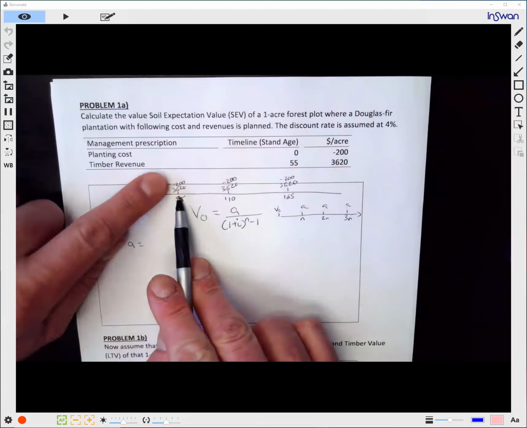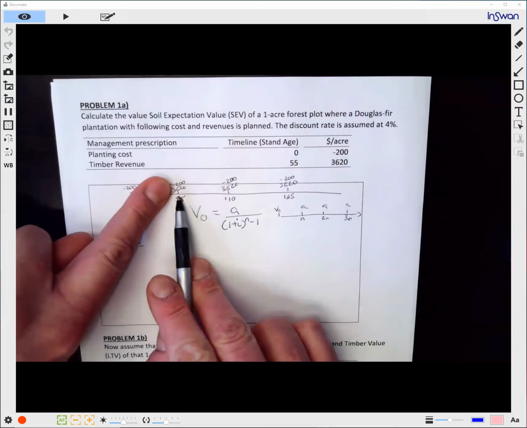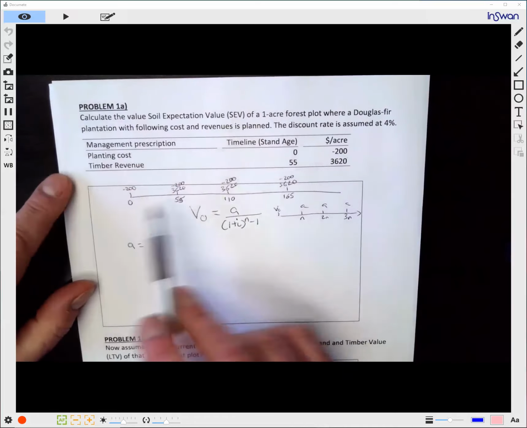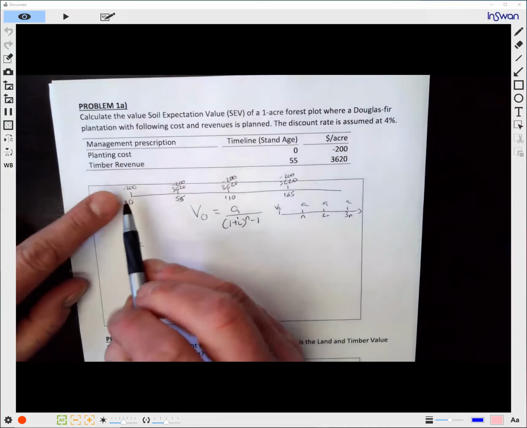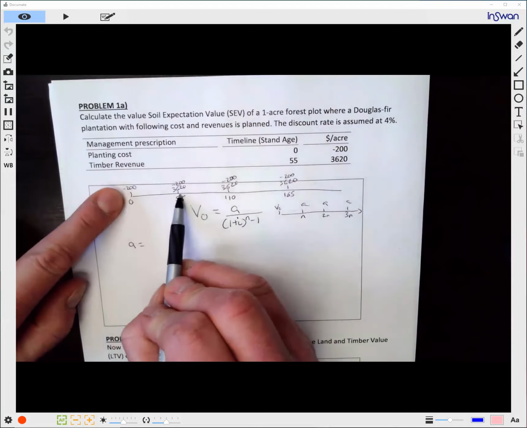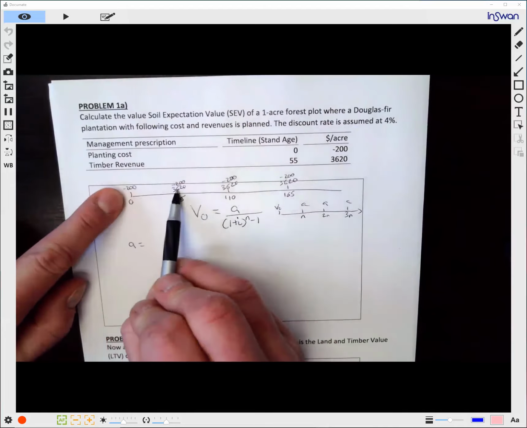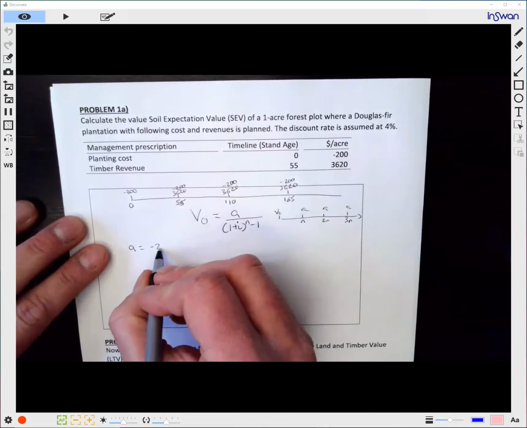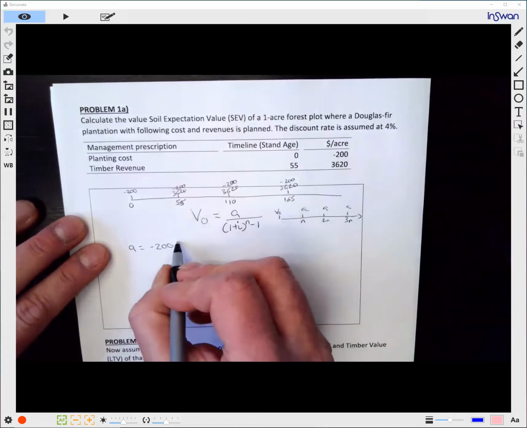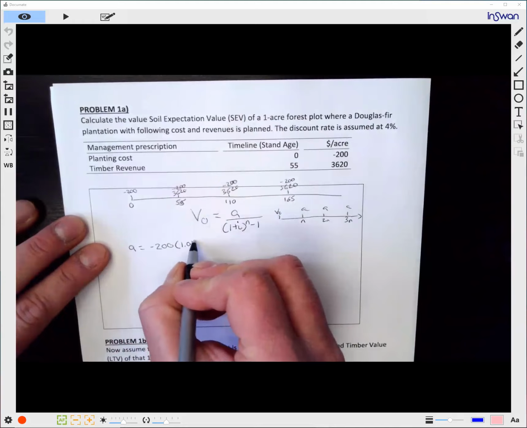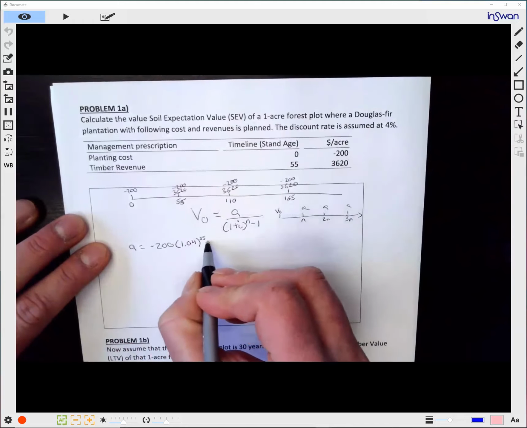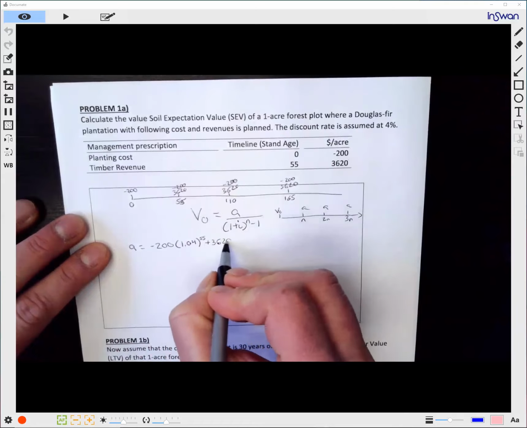How would I do that? I could add these 2 together and have that be the value moving out through time. Or if I wanted the value to be 1 rotation, I could take this negative 200 and move it out here to the end, which would essentially move all of them out, in which case I would have something like negative 200 times 1.04 to the 55 plus 3620.